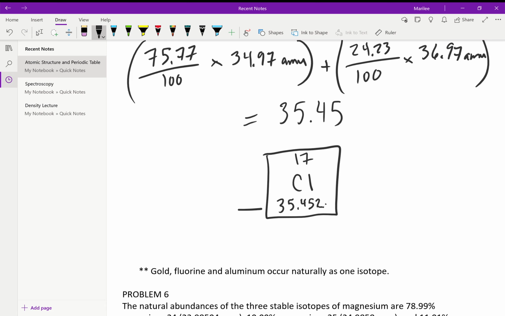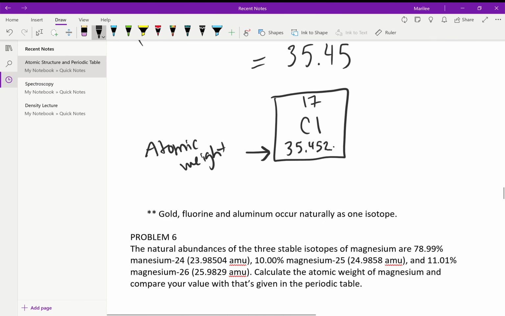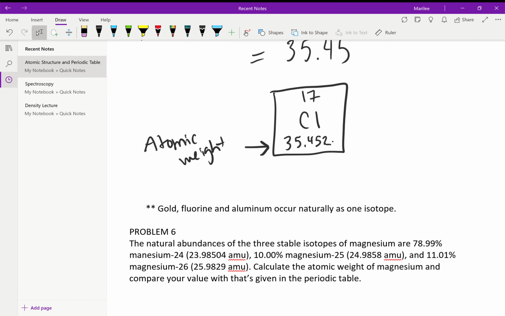So this bottom number is the atomic weight. A side note here, gold, fluorine, and aluminum occur naturally as one isotope, so it's just one. They didn't take the average.